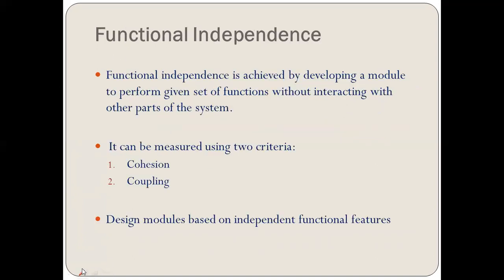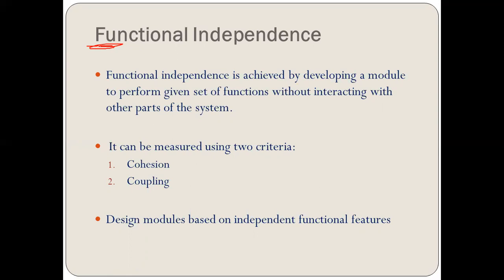Now comes the second point: after modularity, we have functional independence. Now, what is functional independence? This is again a major design principle or concept used in design, along with data abstraction, stepwise refinement, information hiding, and modularity, and this one is the last.